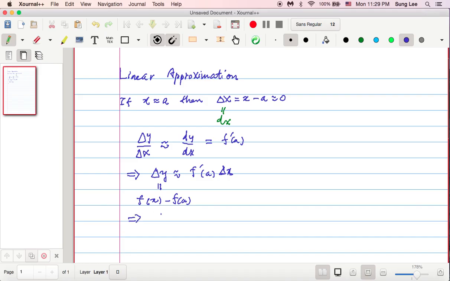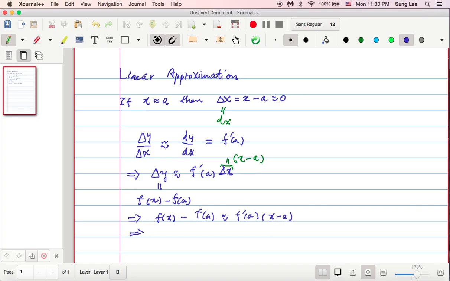Also, on the other hand, this delta x here equals x minus a. So putting these all together, we get f of x minus f of a is approximated by f prime of a times x minus a.